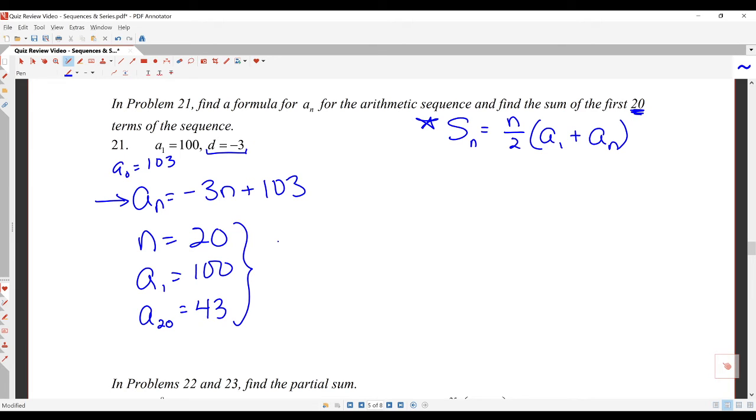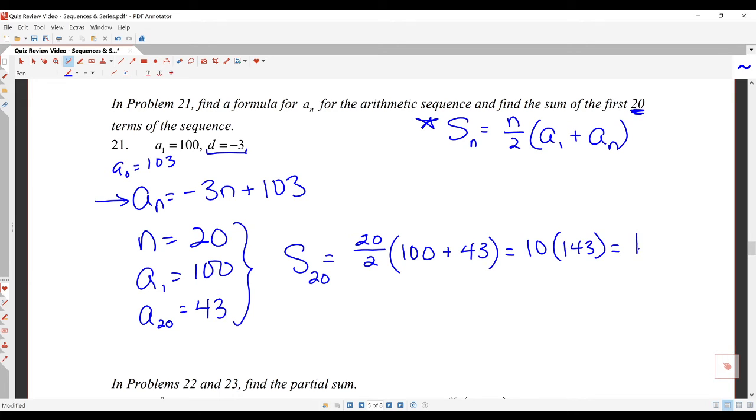I take those 3 values, and the sum of the first 20 terms is going to be 20 over 2 times the first plus the last term. 20 divided by 2 is 10. 100 plus 43 is 143. And you multiply a number by 10 by just tacking on a 0.